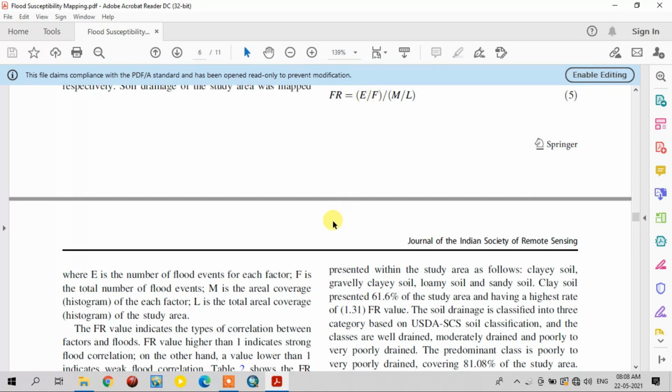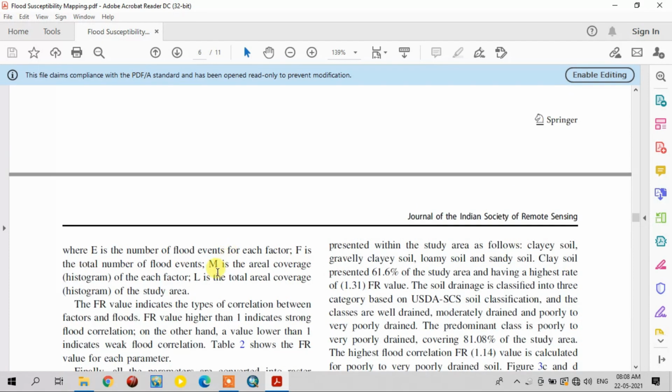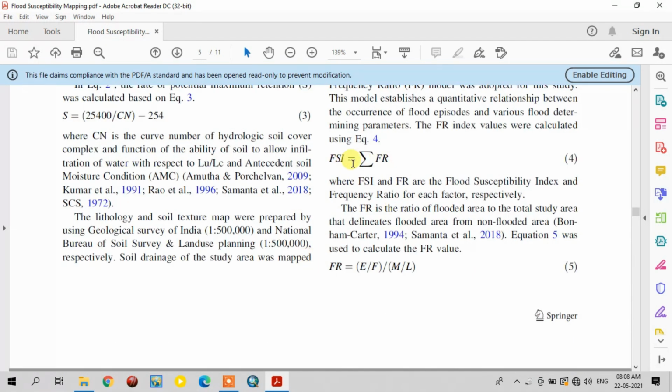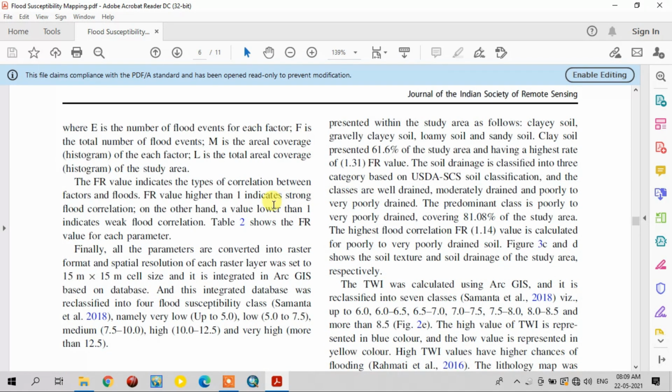So E divided by F is the number of flood events of each factor divided by the total number of flood events. M divided by L: M is the areal coverage of each factor, and L is the total coverage of the study area. The areal coverage is also called the histogram. So after this calculation, we need to calculate the flood susceptibility index.